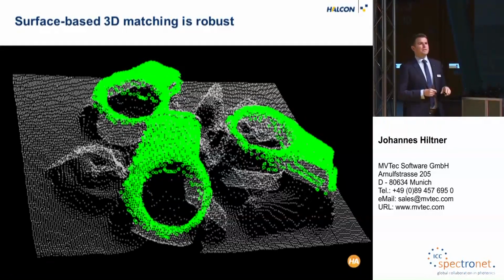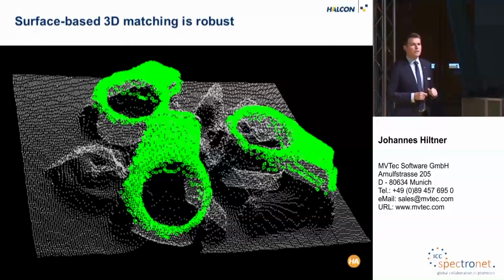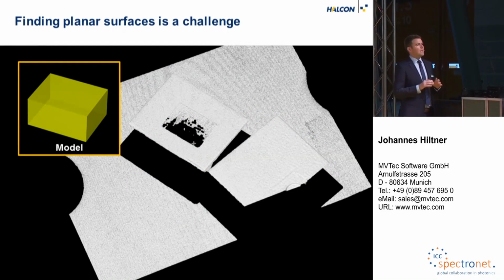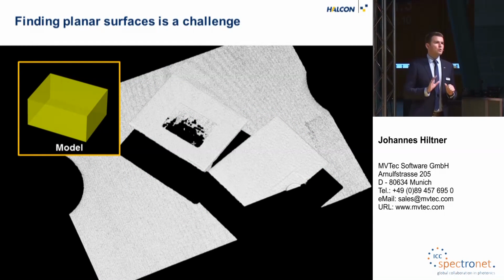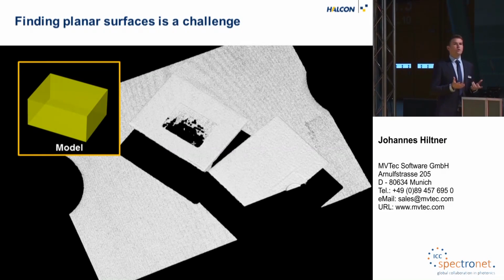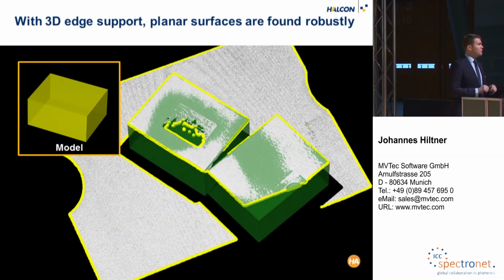We improved this technology in HALCON 13 in such a way that when handling flat surfaces, where this approach had its downfalls. It had problems locating flat surfaces like boxes. Now with HALCON 13, we not only use the surface points and the normal vectors of these 3D point clouds to determine the exact 3D position, but there's some very valuable information when it comes to flat objects, which is their edge information.